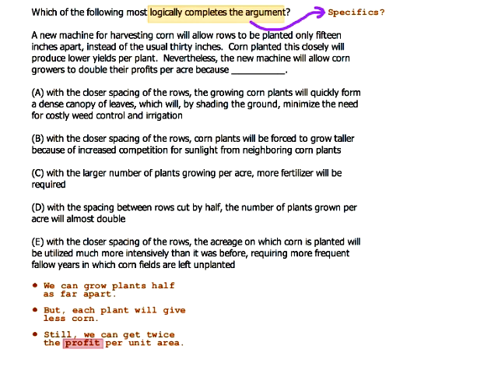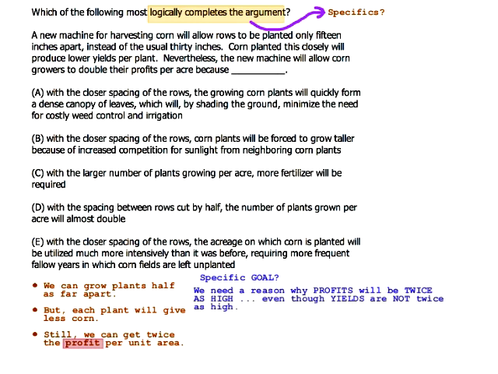So the specific goal is we need a reason why profits will be twice as high, even though yields are not twice as high. There you go. This is what we need.